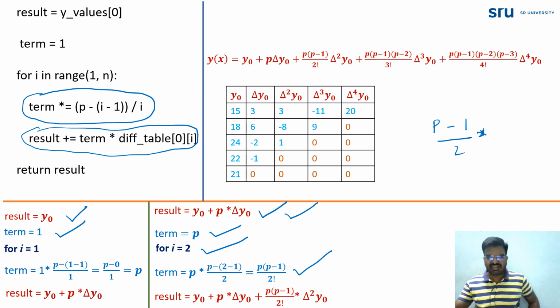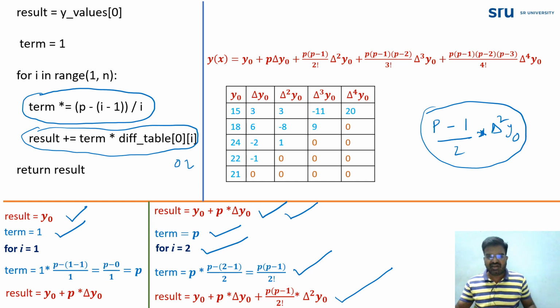It is indexed with 0 2. 0 2 means first row, third column. So what is that first row, third column? It is delta square y naught. Now we are adding this term to the result. You can see the new value of the result. See, this is the updated value of the result.